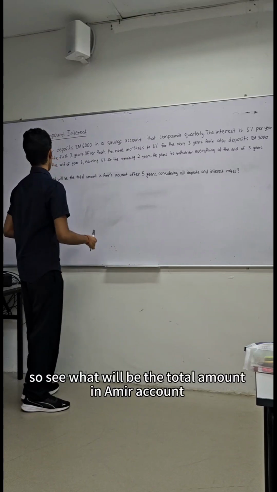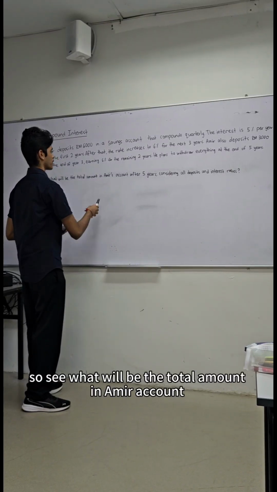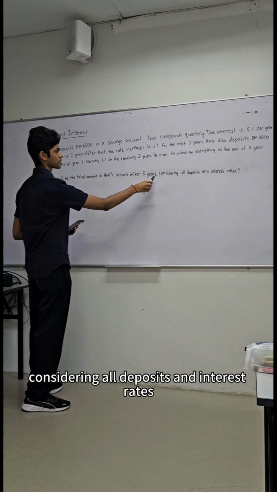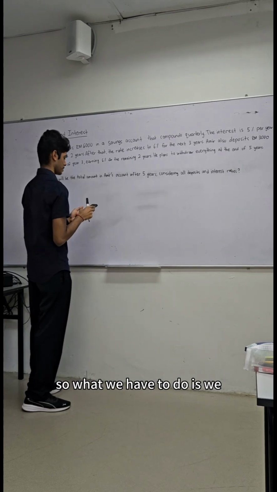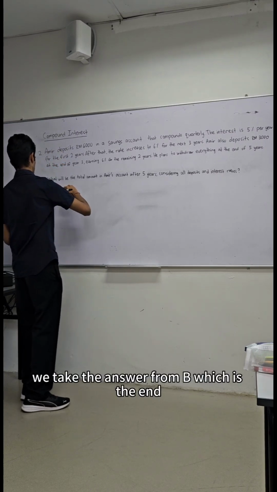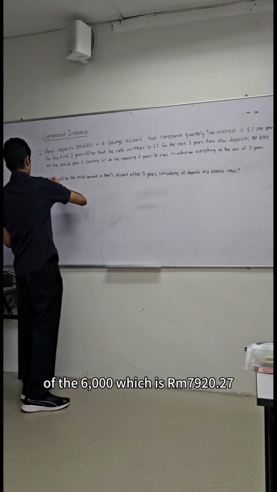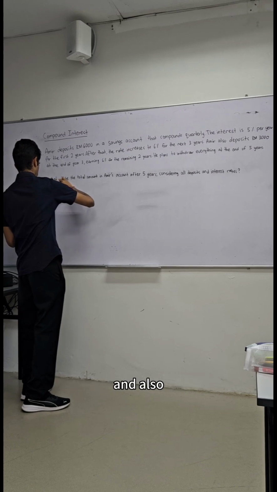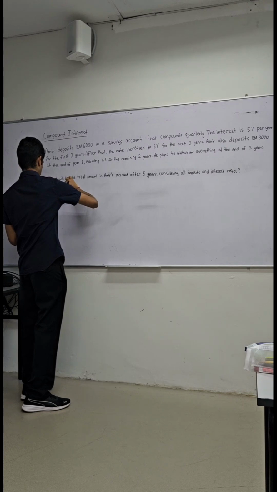So C, what will be the total amount in Ame's account after 5 years, considering all deposits and interest rates? So what we have to do is we take the answer from B, which is the end of the 6,000, which is 7,923 ringgit 0.27 cents, and also they're asking all deposits.